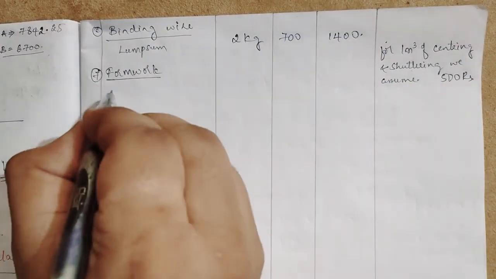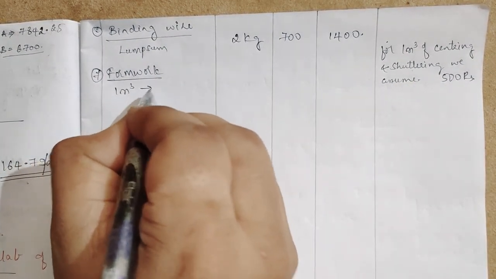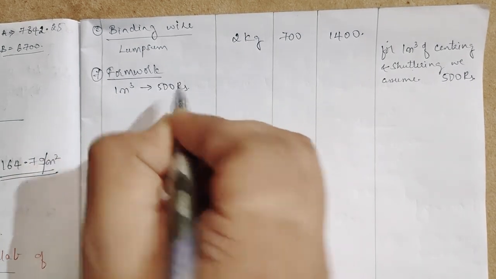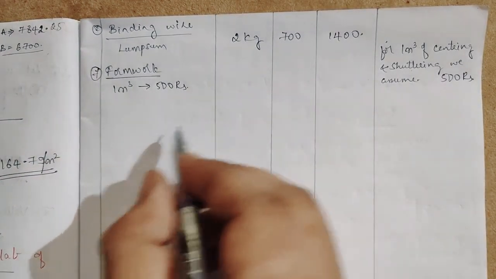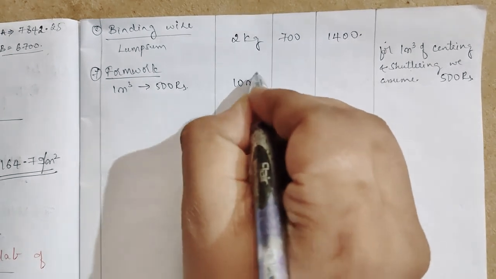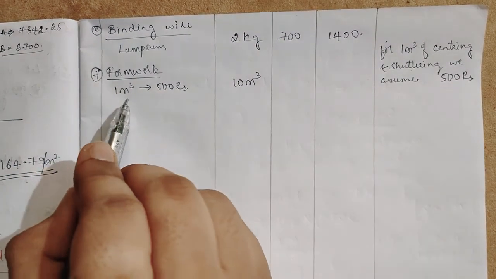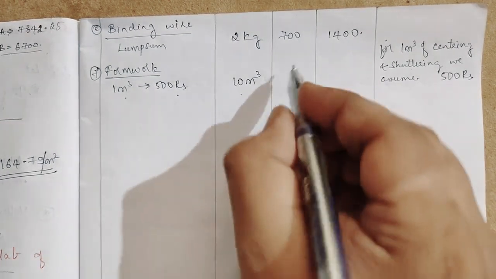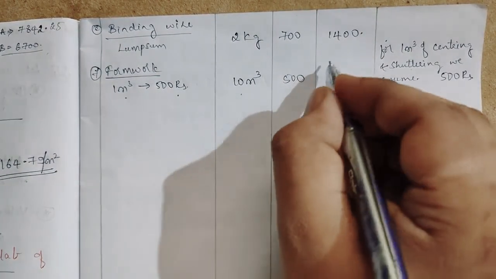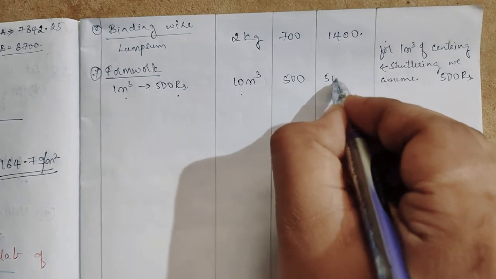So for 1 meter cube it is 500. What have we assumed? We assumed 10 meter cube of work. For 1 meter cube it is 500, so 10 meter cube is 10 into 500, it will be 5000.